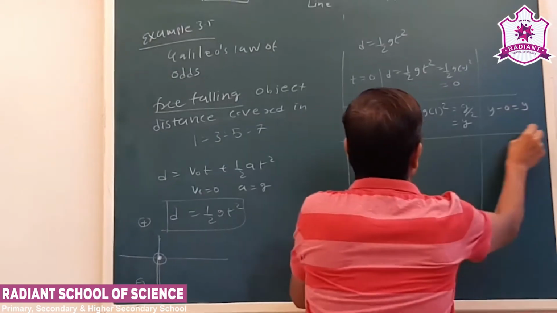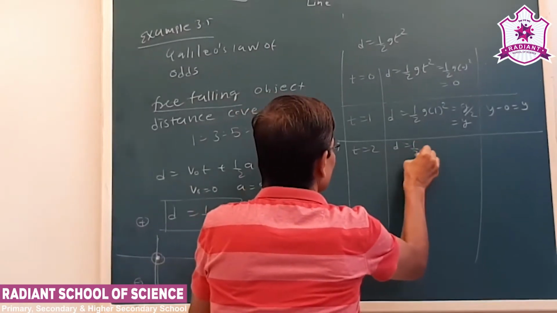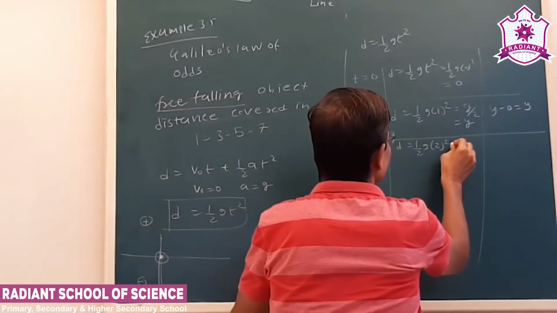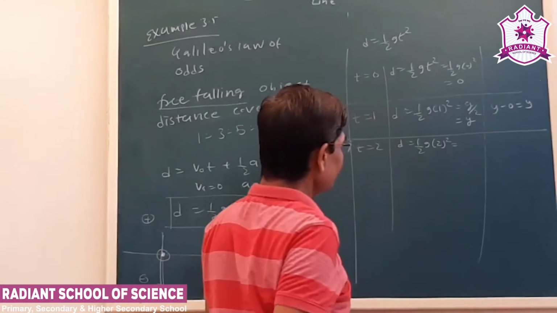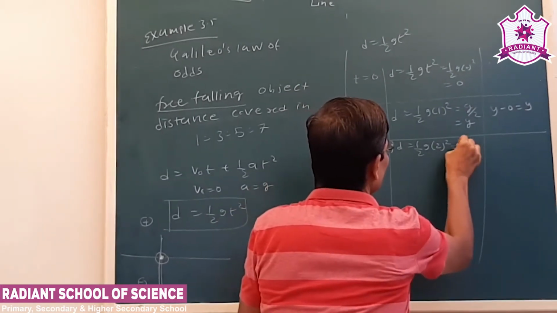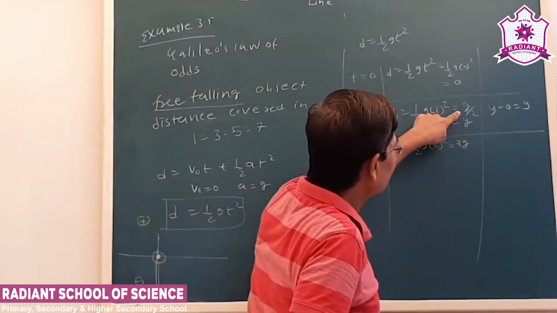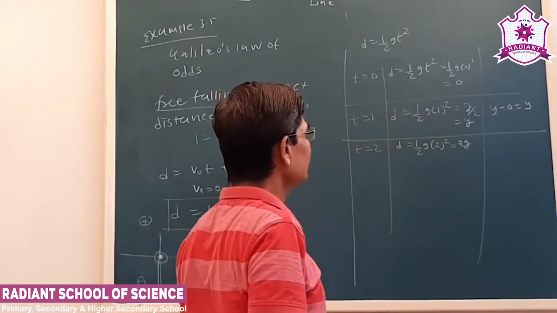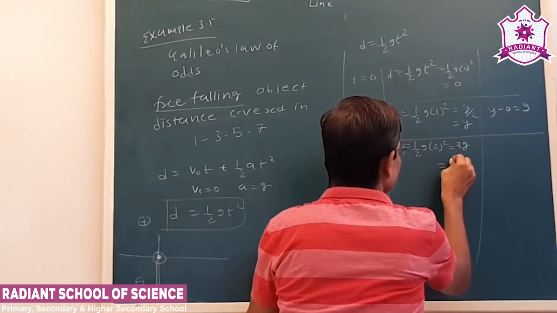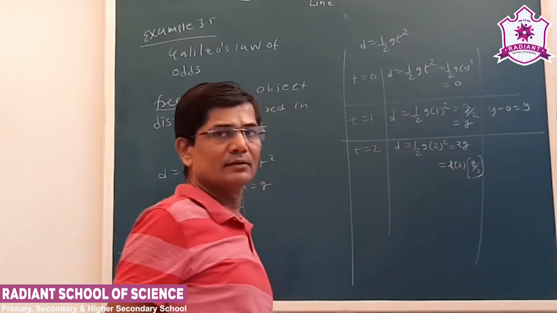Now let us say at t is equal to 2 seconds, the distance covered is 1 by 2 g into 2 whole square, that is 4 times g by 2. Now we see g by 2 is y, so simplified it will be 4y.